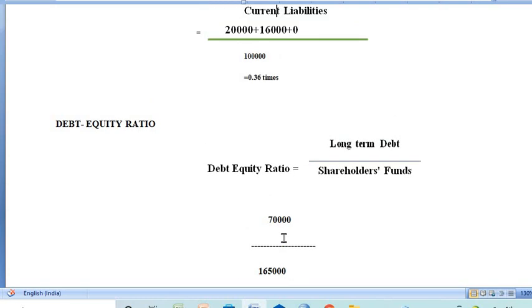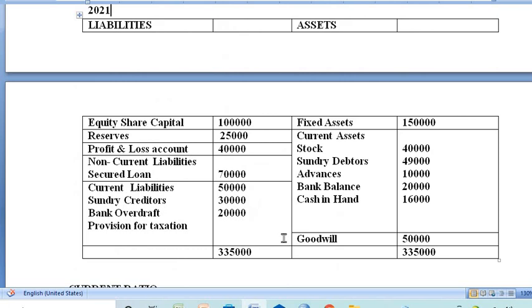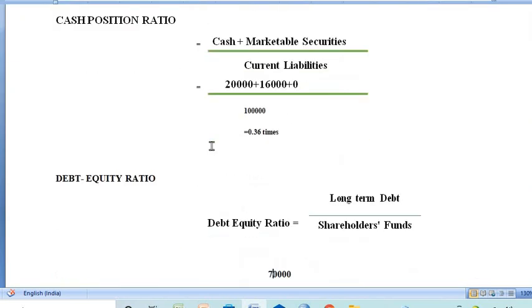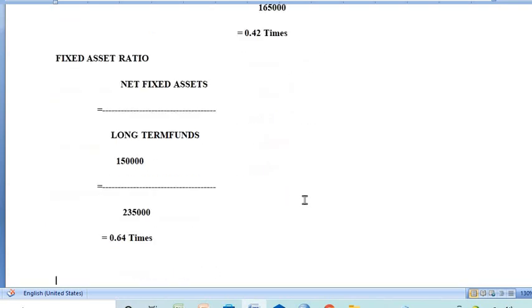Shareholder fund is the total internal liability. On the liability side, the internal liability is equity share capital 1 lakh, reserves 25,000 and profit and loss account 40,000. Adding these three, I am getting 1,65,000, and that I substitute in the formula. So 70,000 divided by 1,65,000, I am getting 0.42 times. So the debt equity ratio is 0.42 times for X Company Limited.